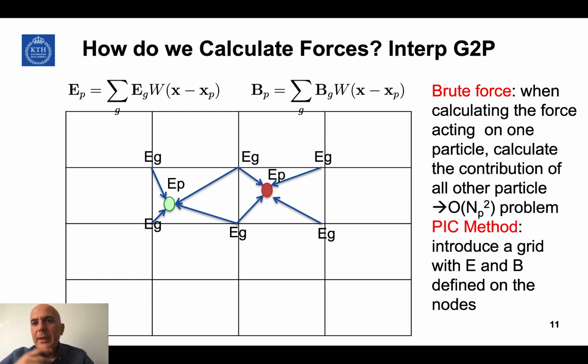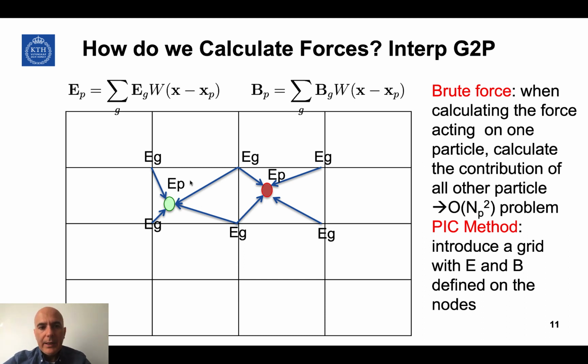The particle in cell method got its name because it introduces a grid to calculate the forces between particles. We introduce a grid, and then we define, for instance, at each grid point the values of the electric field, in this case E_g.